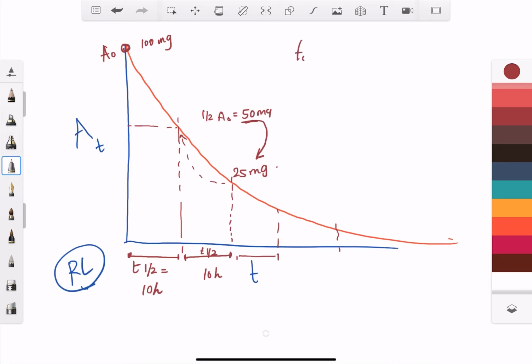So the half-life of first order reaction is constant. Please don't forget that. Okay, that's it, and we will stop here. Then we will start with the IV bolus model next time.